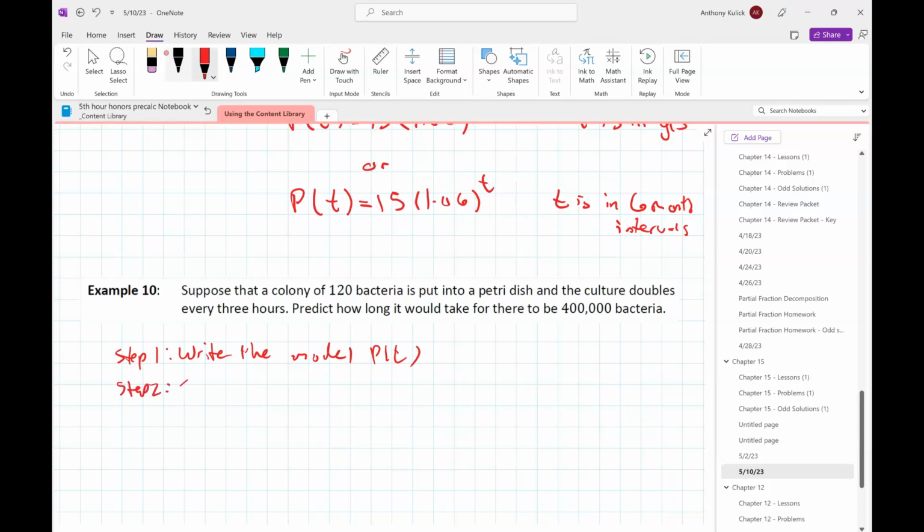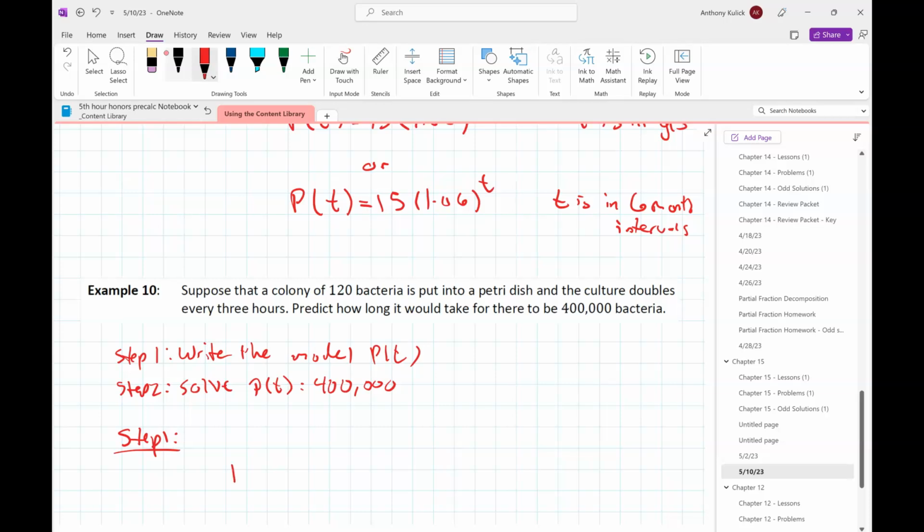And in step 2, we're going to have to solve P of t equal to 400,000. Everybody's okay with how I interpret that from the words? Okay. If you have questions, just holler them out at me if I'm going too fast, or if you have anything, just let me know.